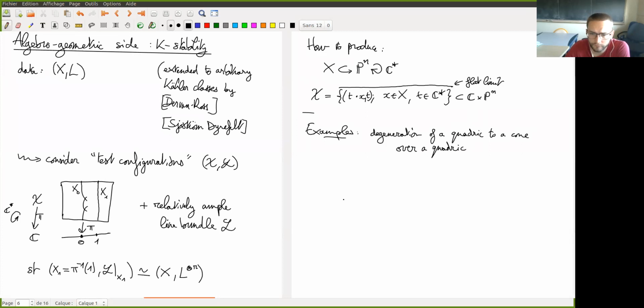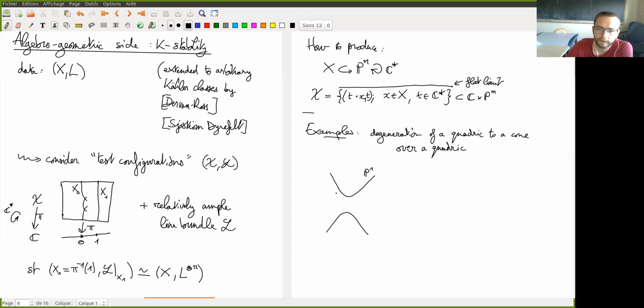So for example, I can draw the picture in the real plane. That's if I complexify it. So that's a hyperbola. Then that corresponds to a P1 in P2.